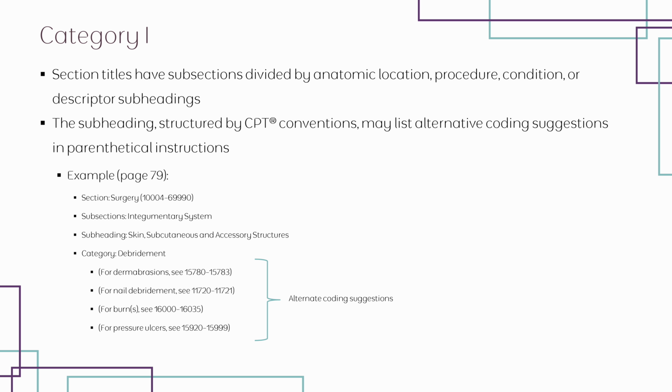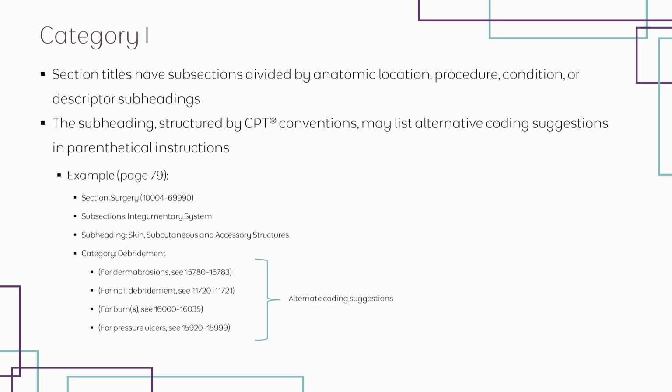When you look under debridement, you'll notice that there is a paragraph of guidelines providing important instructions on how to report these procedures. Following that paragraph, you'll see a list of alternate coding suggestions for related services. These alternate coding suggestions may include dermabrasions, nail debridement, burns, and pressure ulcers.